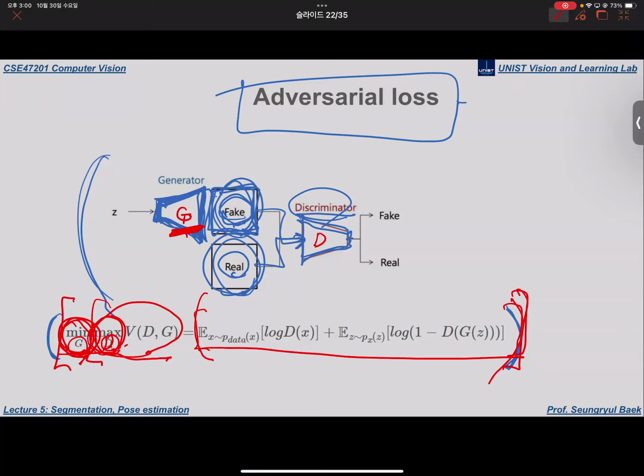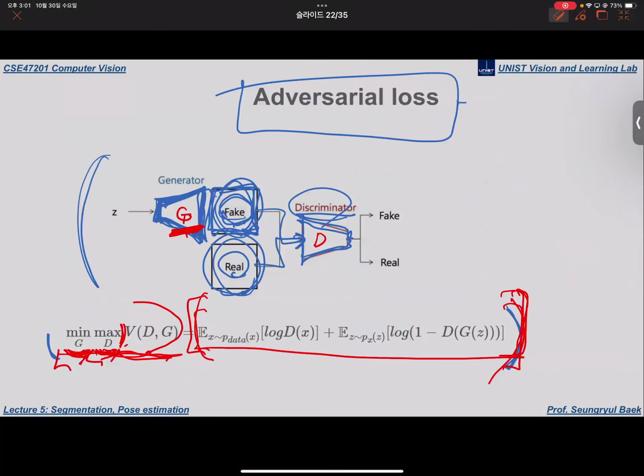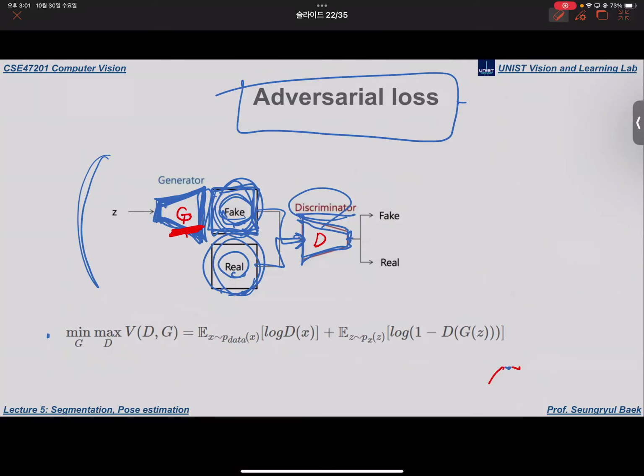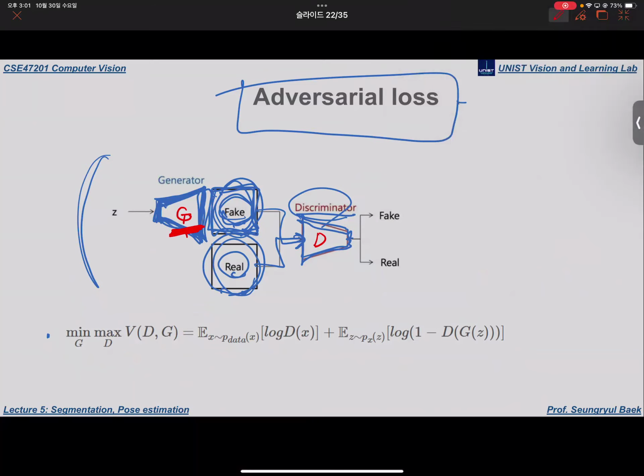So first, we will do maximizing this for the discriminator, okay?